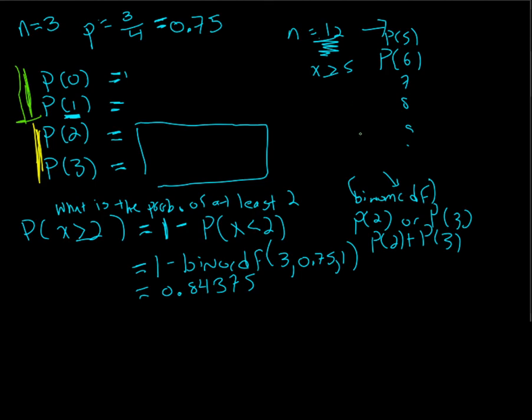But if you use the cumulative distribution function, then all you have to do is 1 minus the binom cumulative, whatever your percentage is, up to 4, the number before the one you look at. So using our complementary space can help us do some of these distributions a little bit easier.